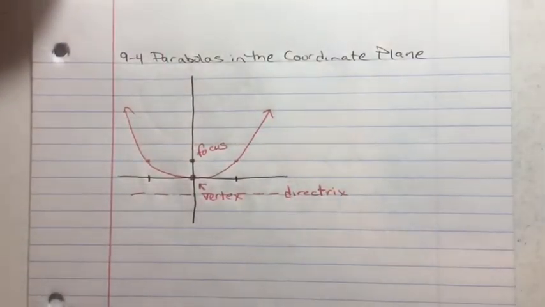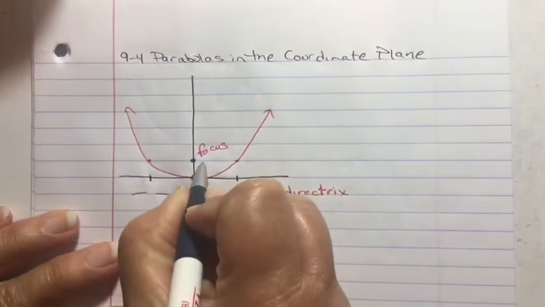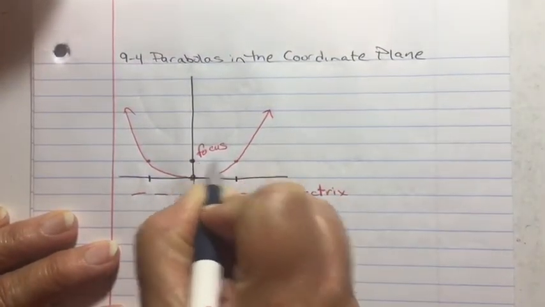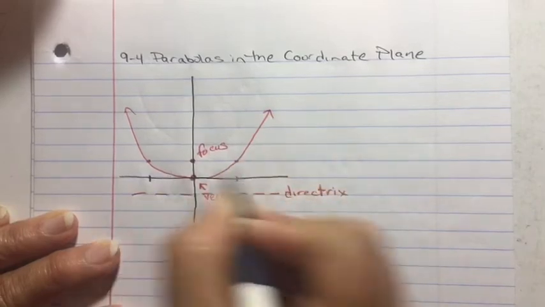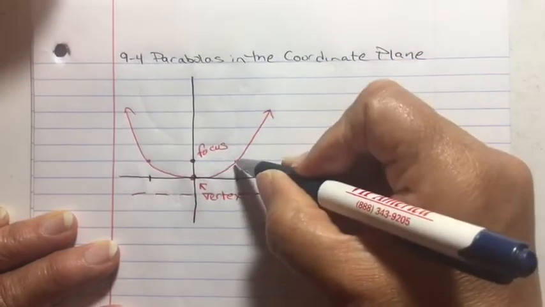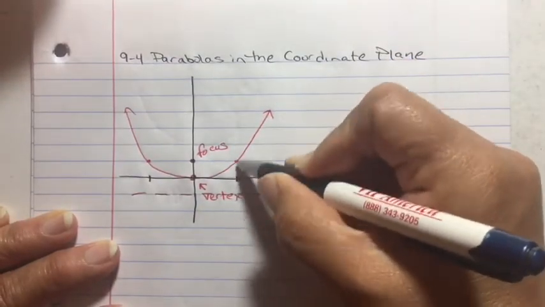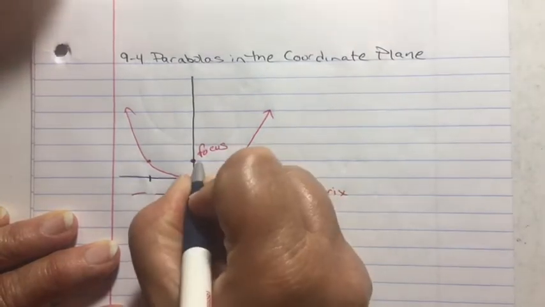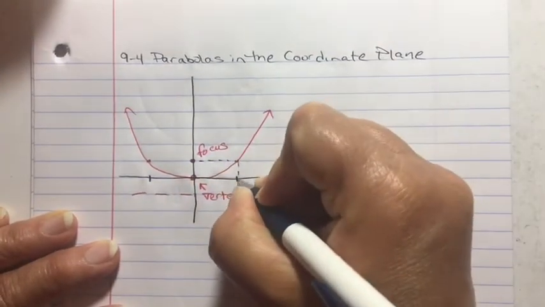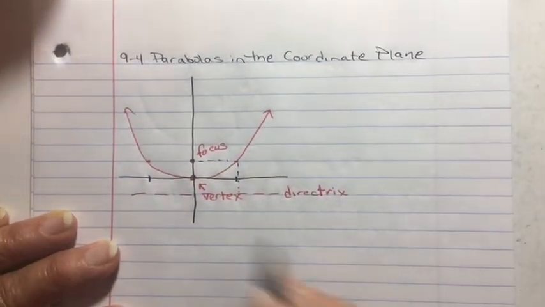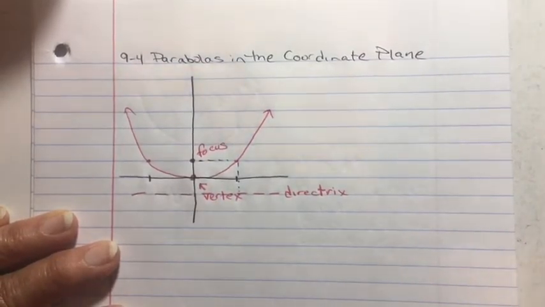And now, as I stated when I had the book up there, the distance from any point on this parabola to its focus should be the same as the distance to its directrix. So this distance should be the same as this distance, assuming that I have the focus, the vertex, and the directrix in the right place.